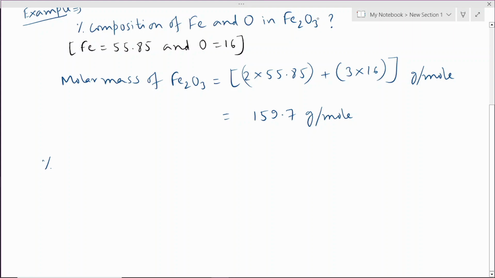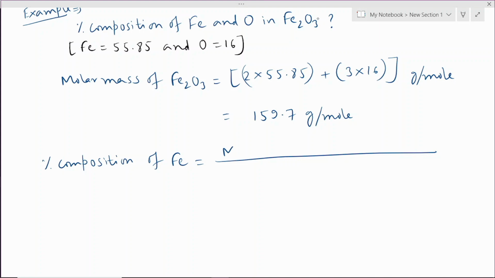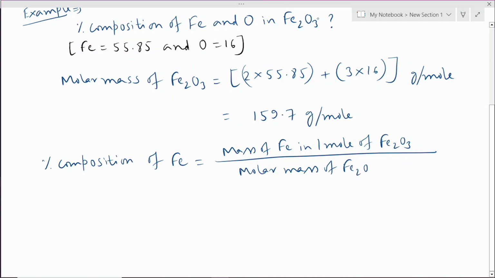So the percentage composition of iron will be mass of iron in 1 mole of Fe2O3 upon molar mass of Fe2O3 into 100.